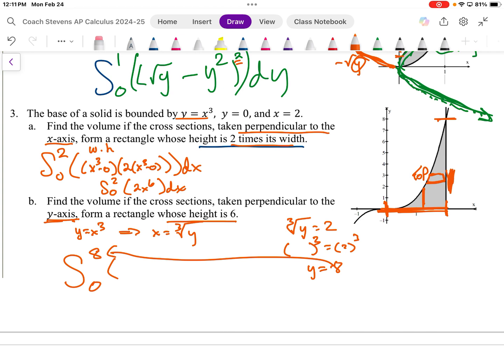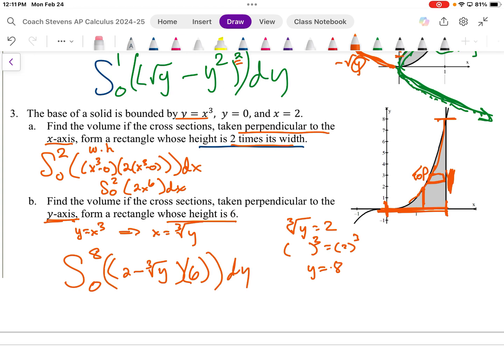So when we look at our equation, it's 2 minus the cube root of y. Then I have to multiply that by the height, which they said was 6, and then this is the dy.